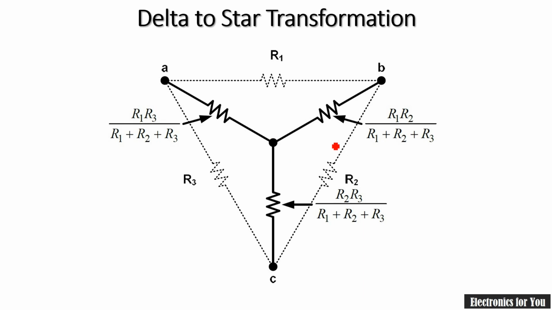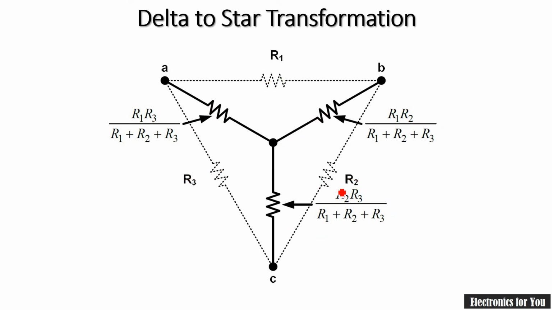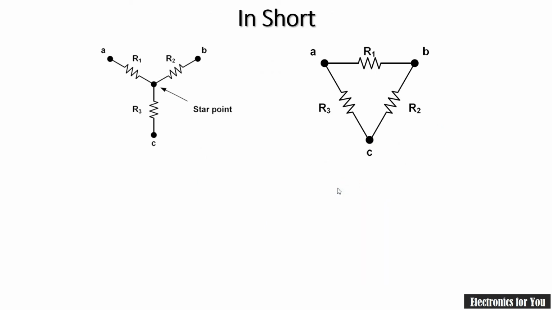Now this was our delta connection indicated here by the dotted line, and we have converted this delta into the equivalent star network, that is this one, by using these formulas. So this is our delta to star transformation. So in short, we can convert a star network into delta and a delta network into a star network just like this by using the respective formulas.